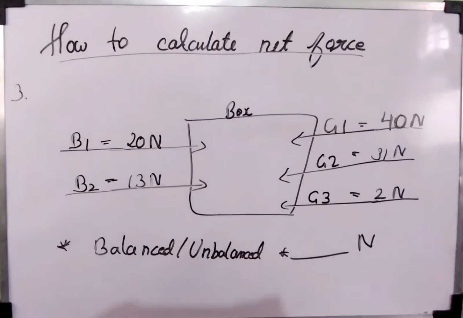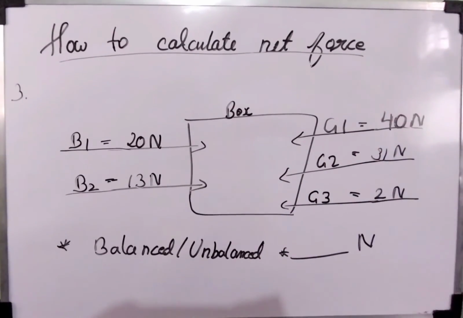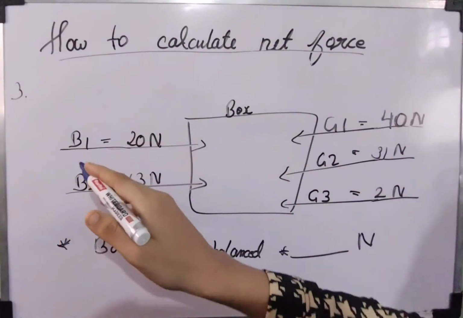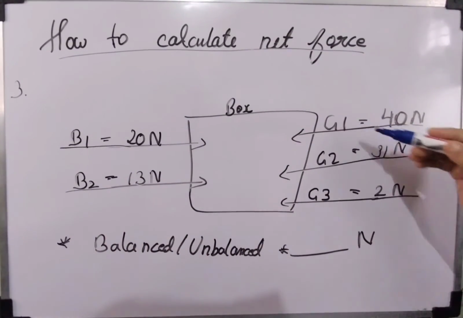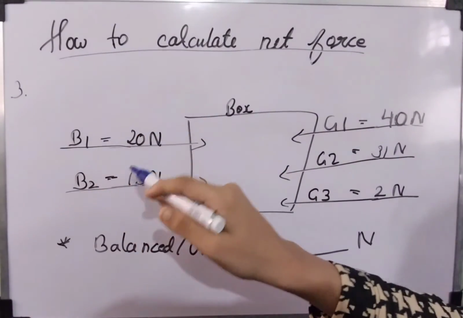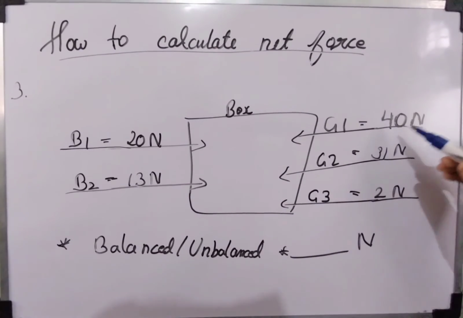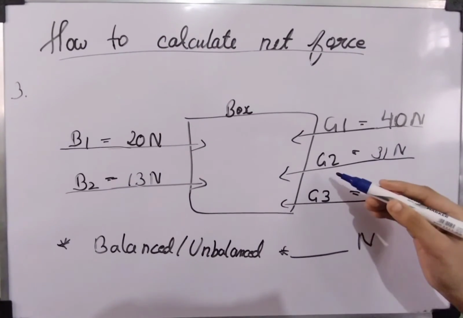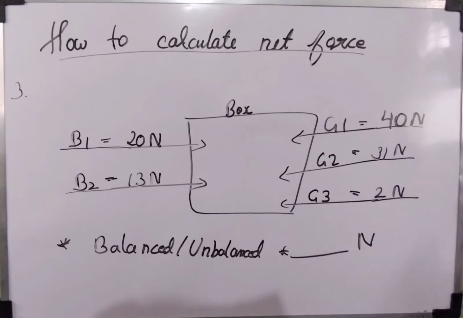Now moving to our third example, this is the question again. B1 and B2 are two boys, and G1, G2, G3 are girls. B1 is applying a force of 20 Newton, B2 is applying a force of 13 Newton. G1 is applying a force of 40 Newton, G2 is applying a force of 31 Newton and G3 is applying a force of 2 Newton.